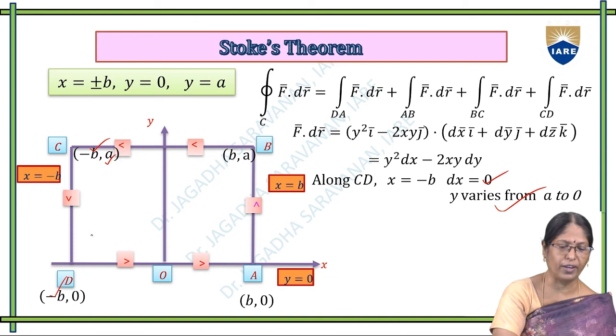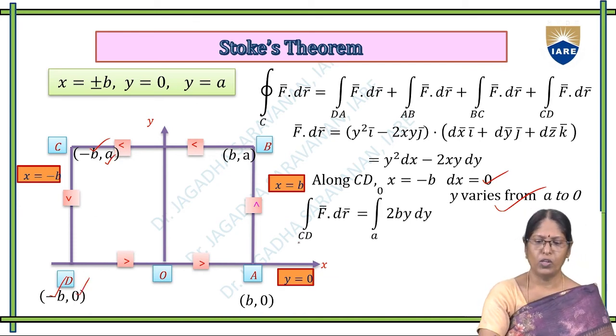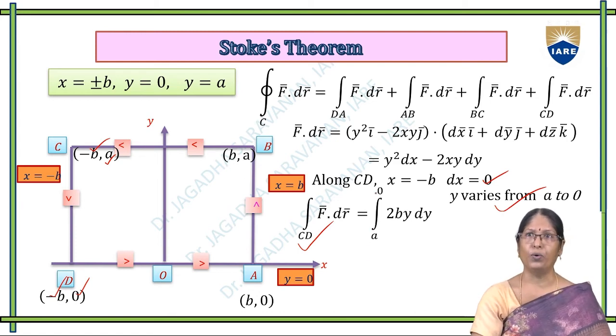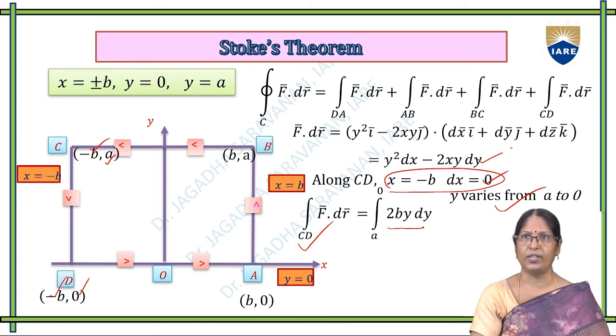We can see very clearly, a to 0. So the integral over CD of f dot dr is equal to the integral from a to 0 of 2b y dy. This is how we obtained it, by substituting these values in our f dot dr.